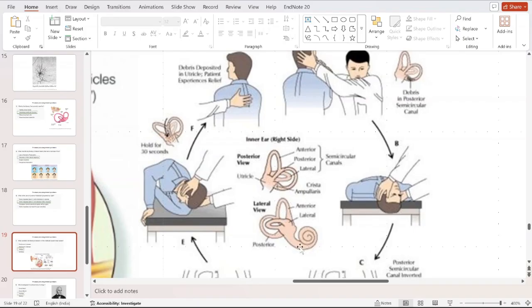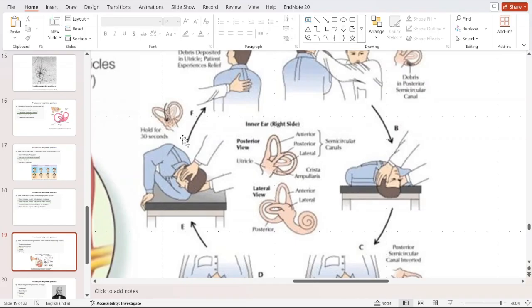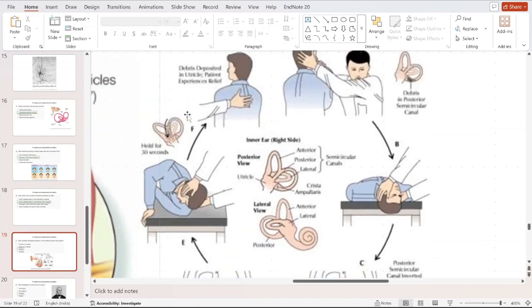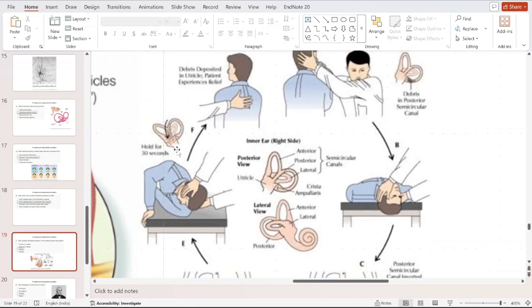So when this maneuver is performed, the debris that first got settled in the first few steps enters the utricle from the posterior canal.